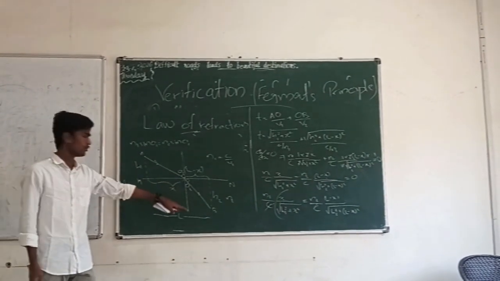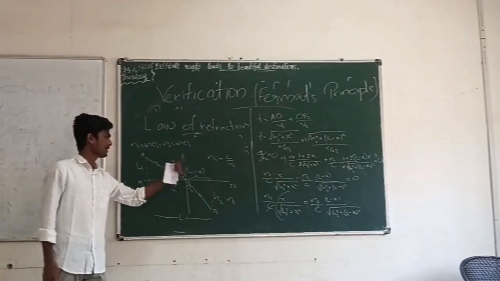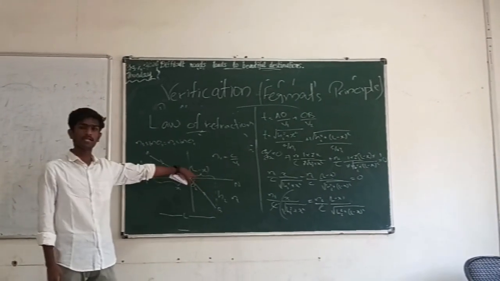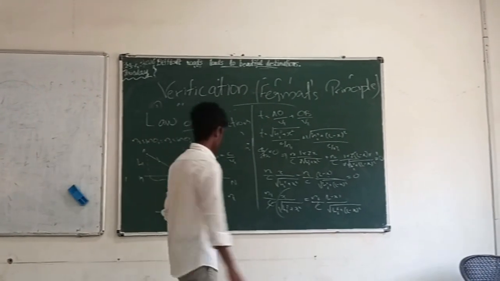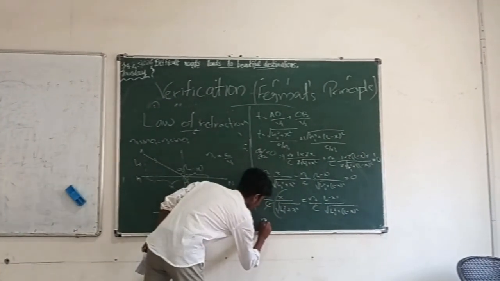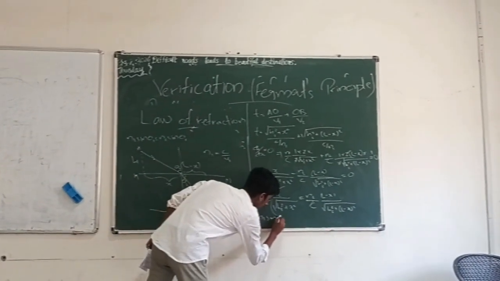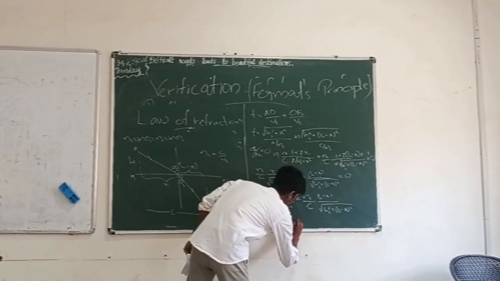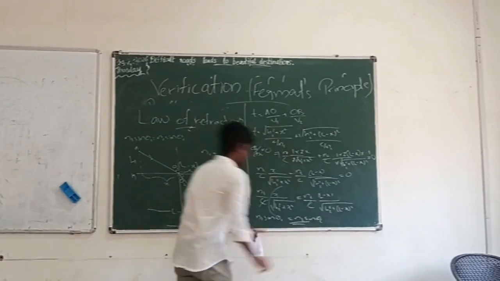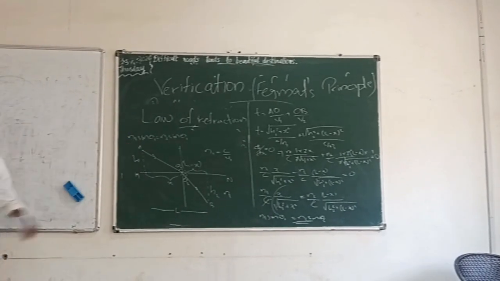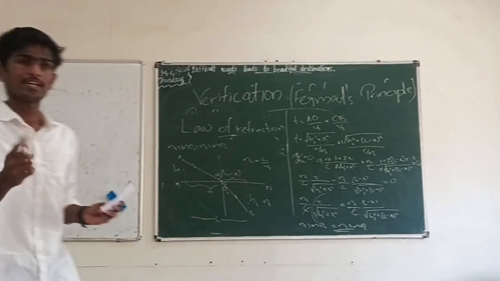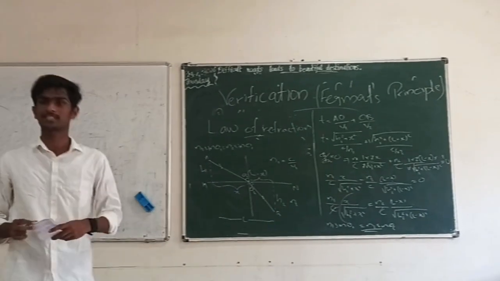Sin theta 2 means opposite side, that is L minus x, by hypotenuse, that is OB. OB is root of h2 square plus L minus x whole square. So we can rewrite this as n1 sin theta 1 equal to n2 sin theta 2. What is this? This is Snell's law. So we verified the law of reflection and law of refraction successfully.